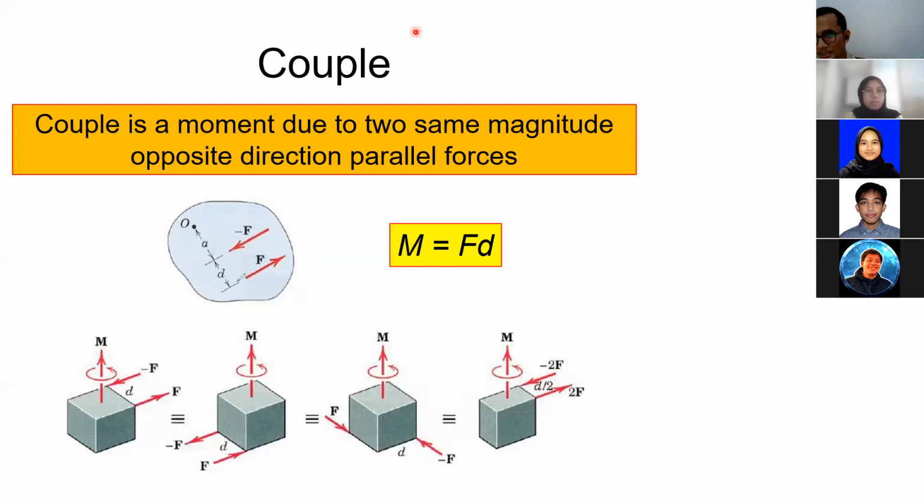So we have F here, we have minus F here. What is the total moment due to both of these forces at point O?